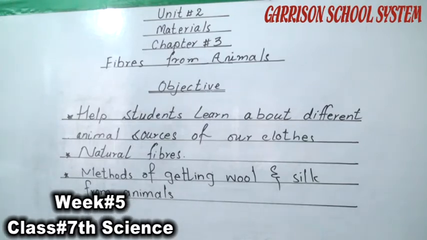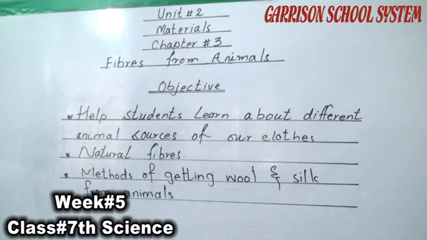So students, first of all I will tell you that there are two types of fibers. One is the natural fiber and the other is the synthetic fiber. By the name natural fiber, you get to know that it's about nature, meaning the fibers we obtain from natural sources like animals and plants are called natural fibers.